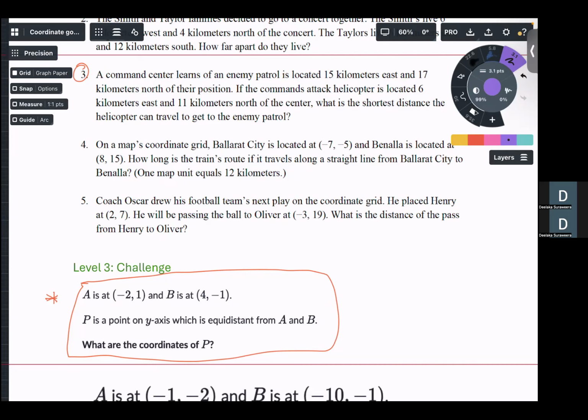What's 16? 6 kilometers. What's 27? Did I do 21 or 27?